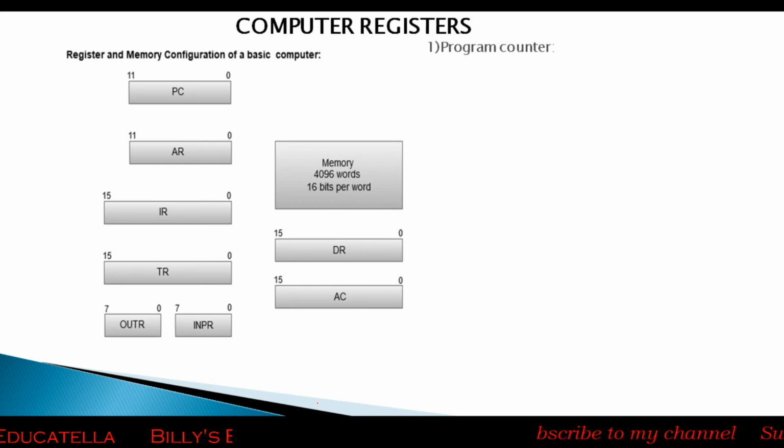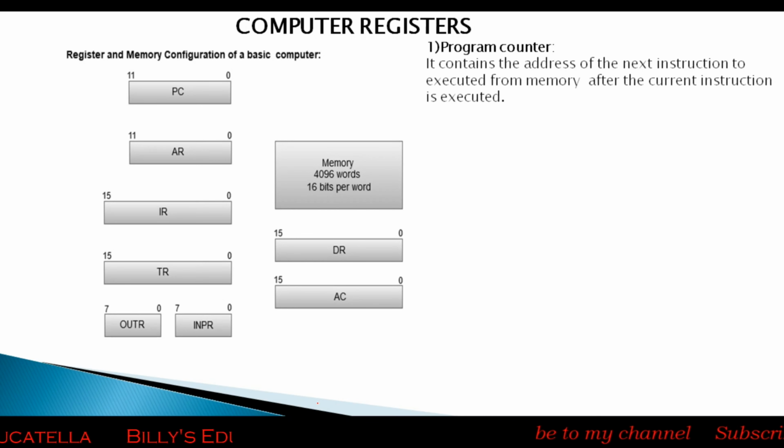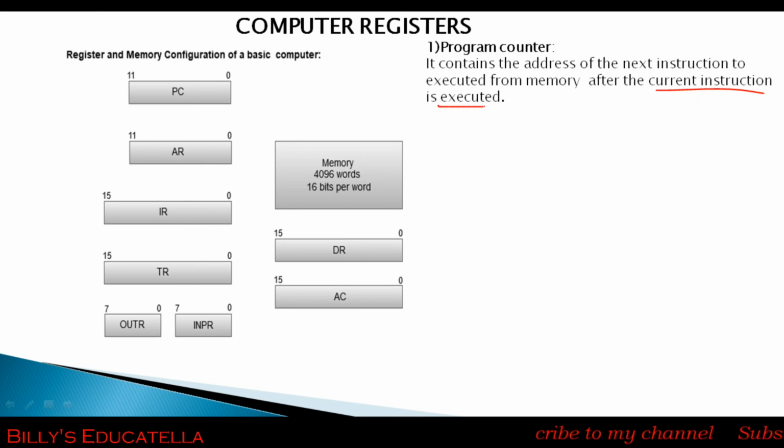Coming to the program counter, it contains the address of the next instruction to be executed from the memory after the current instruction is executed. Let's take an addition operation. After the execution of the addition operation, we have some subtraction operation.